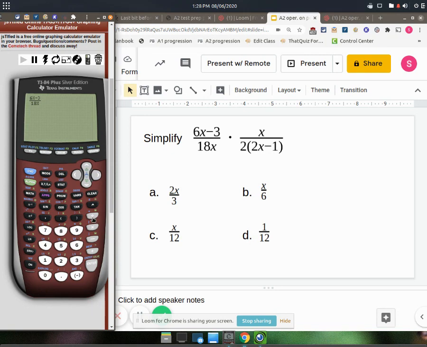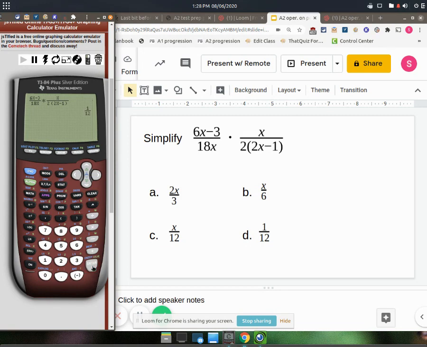If it was division, you could use a division symbol, but this one's multiplication. Then we'll do alpha y equals again. Now we've got x on top and, in parentheses, 2x minus 1, and we'll see what that gives us.